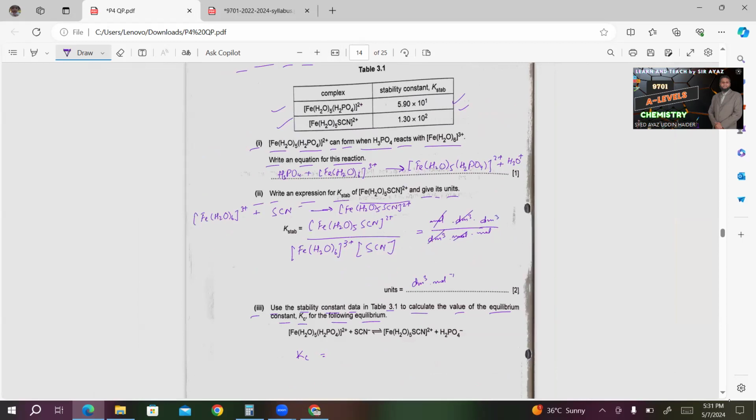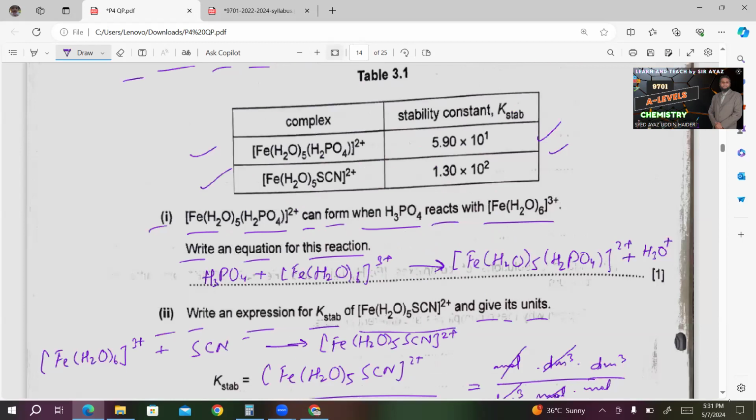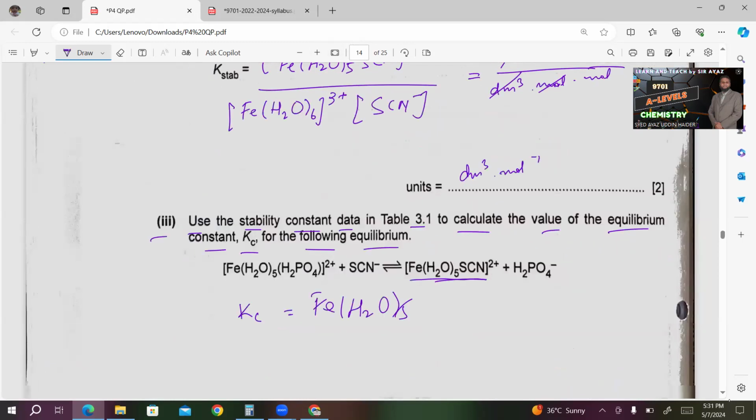So this must be on top: [Fe(H2O)5SCN]2+ divided by [Fe(H2O)5H2PO4]2+.